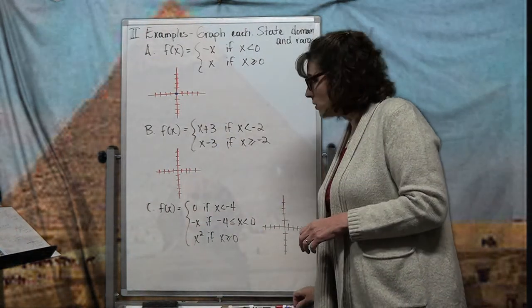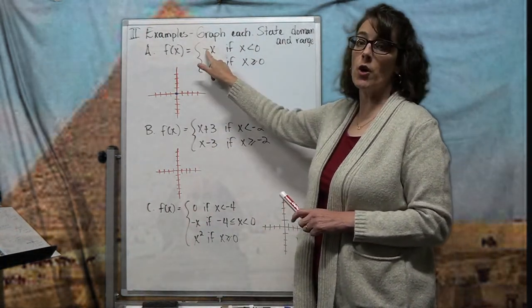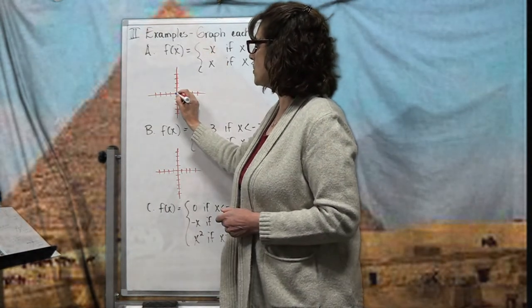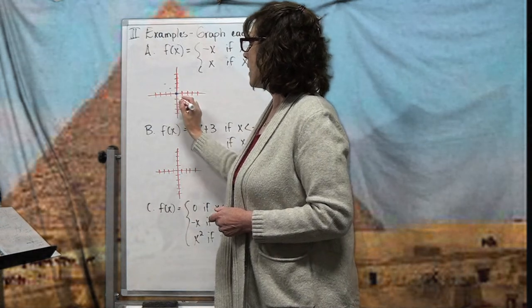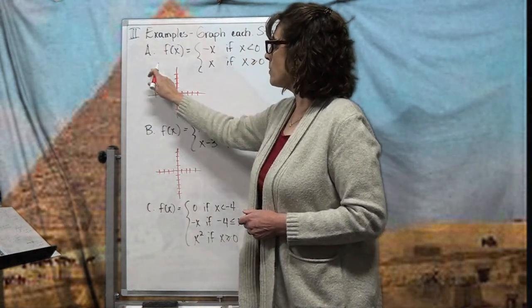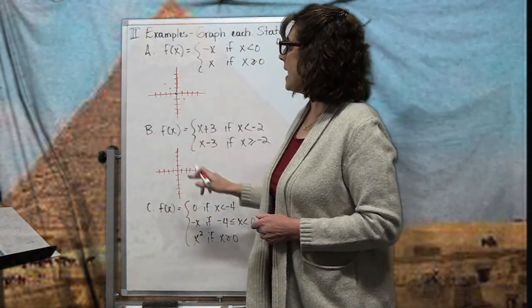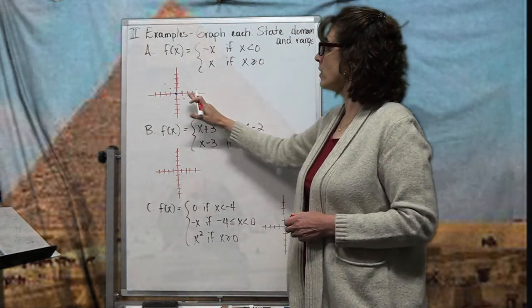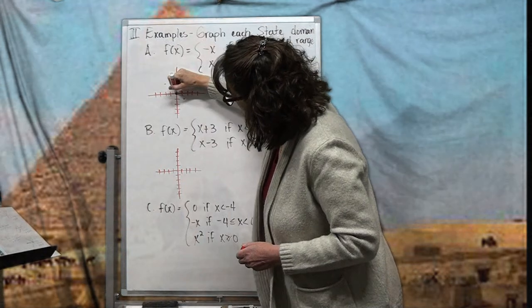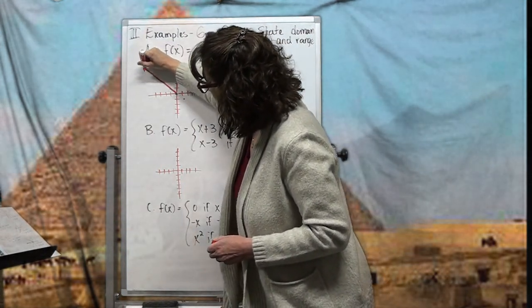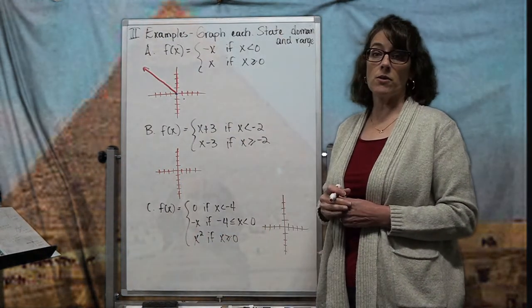And then I have a negative 1 slope. So from here, I'm going to go up 1, left 1, up 1, left 1, or for that matter, I'll go down 1, right 1. And so my line's going to go like this. Now, it should go all the way through, but remember, this is only for x's that are negative. So my line actually is going to go like this, and it's not going to do anything up here.